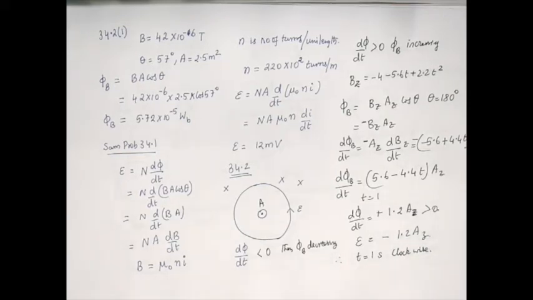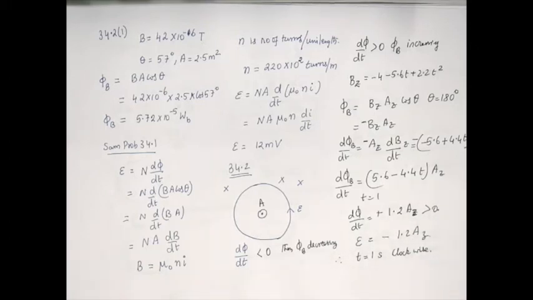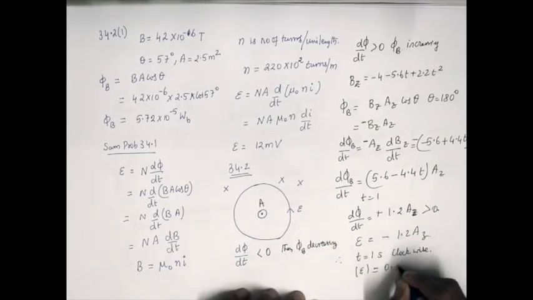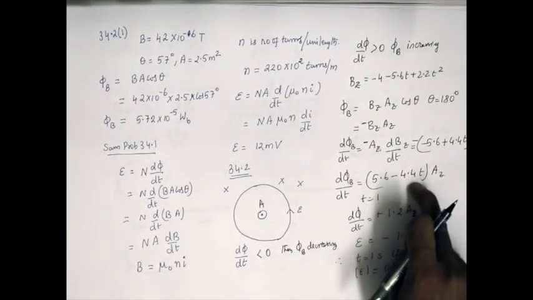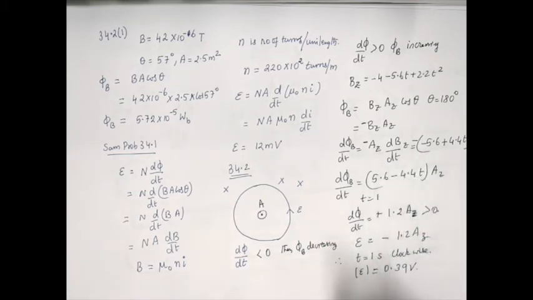And you can put down the numbers for the area of the coil and check that the EMF value that you will get is 0.39 volts.